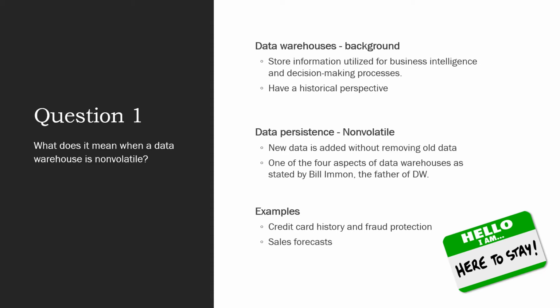We can see another example of why data warehouses need to be non-volatile in the storage of forecasts. Say we have a database that includes records for sales forecasts for the Acme widget company. Acme's sales department develops new sales forecast numbers each month and replaces the old records.